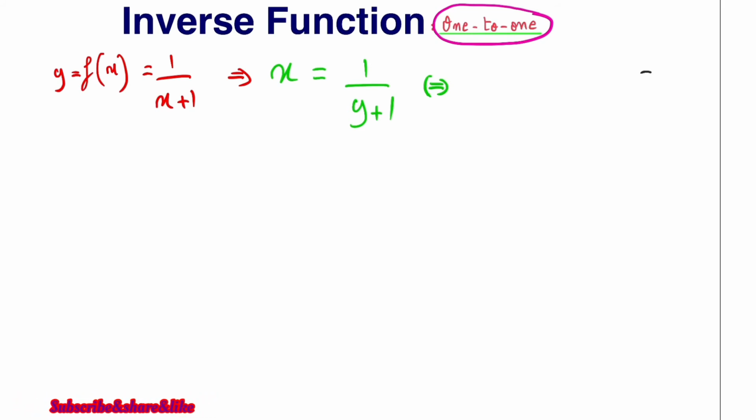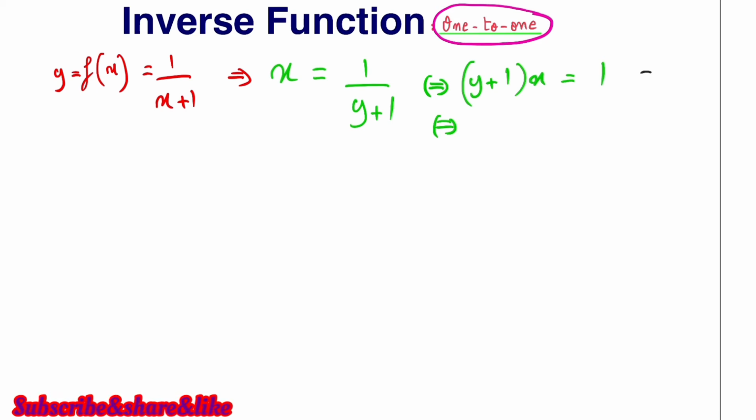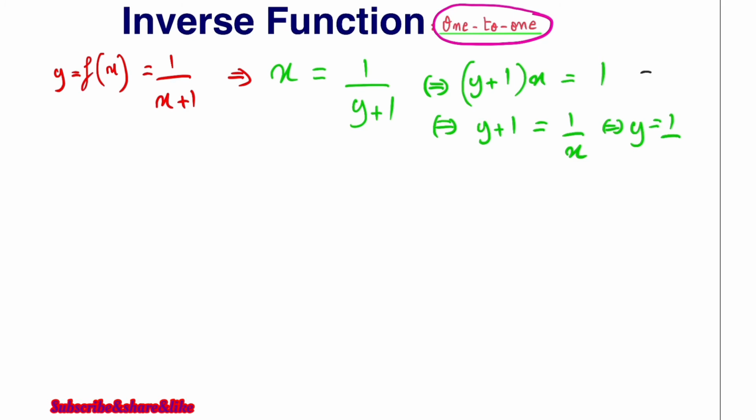Therefore we can move that y to the other side. It will be y plus 1 times x equals 1. Therefore y plus 1 is equal to 1 over x. Therefore y is equal to 1 over x minus 1.